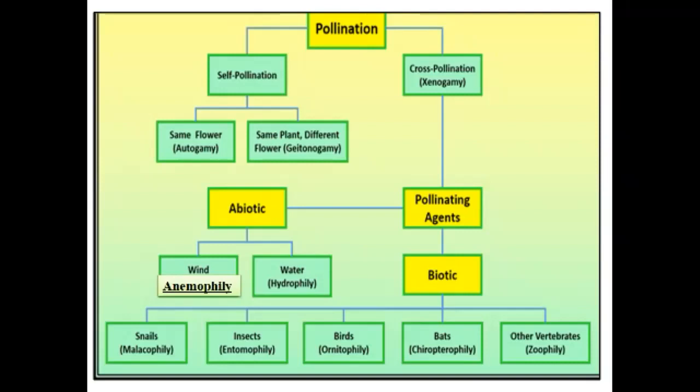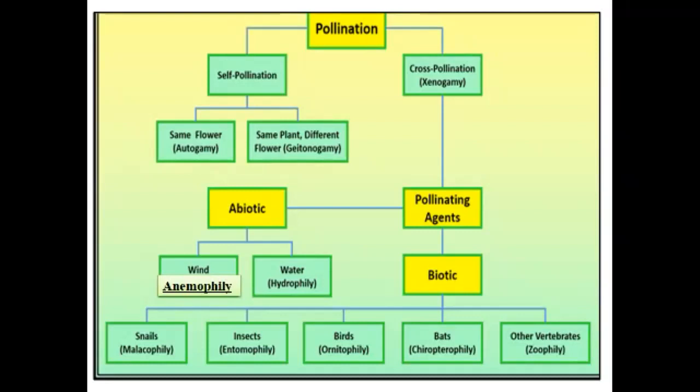So what is self-pollination? The transfer of pollen grains from anther to stigma of the same flower is known as autogamy, and transfer of pollen grains from anther to stigma of another flower is known as geitonogamy.